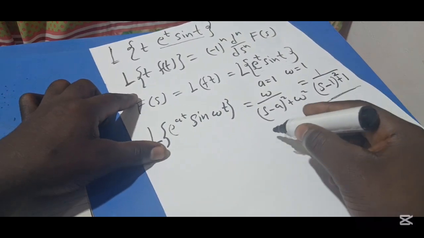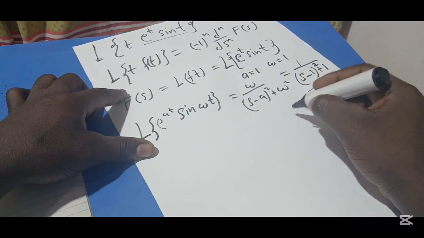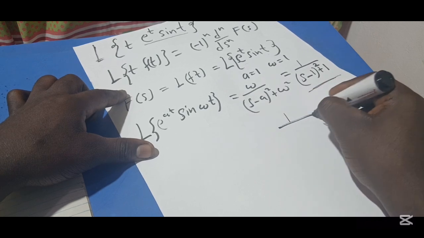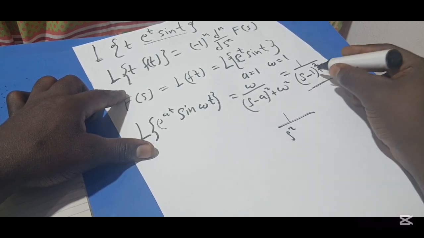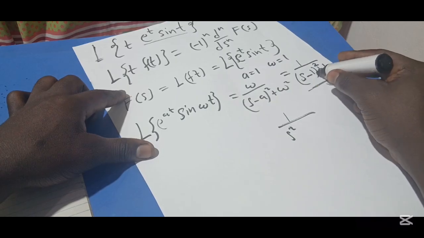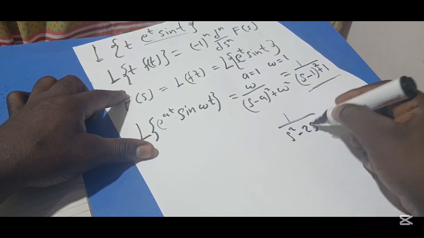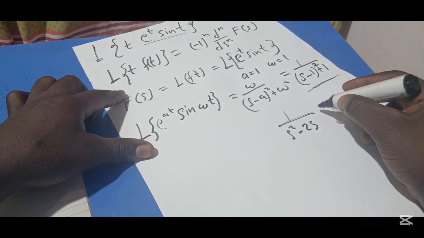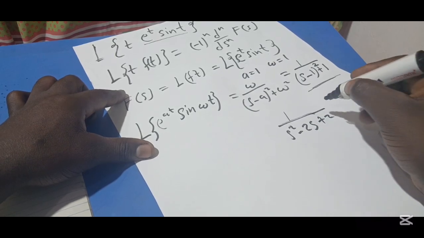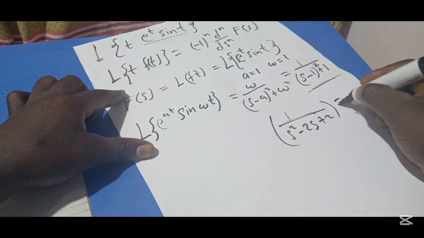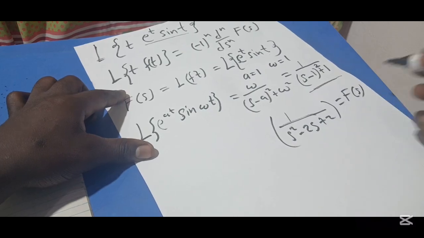So simplifying this denominator, what I'll have is 1 over s squared, then you square s, multiply everything by 2s minus 1, so minus 2s, then you square 1, giving us positive 1 plus 1, giving us 2, right? So this now is equal to our f of s.